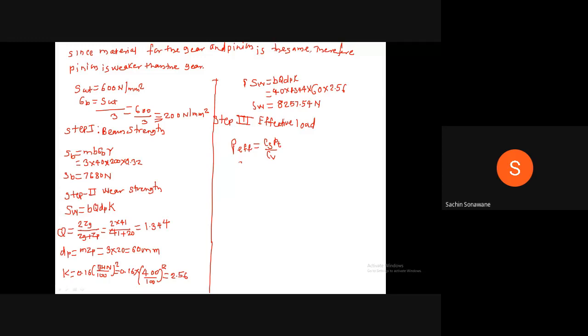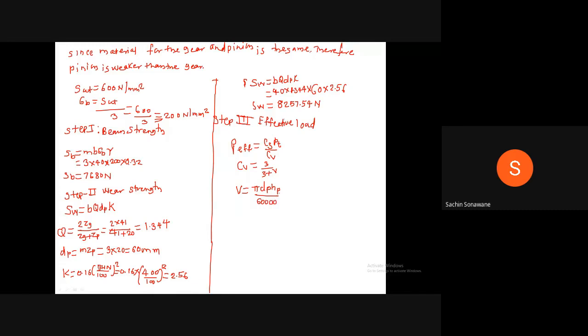What is the formula of CV? Velocity factor CV is equal to 3 divided by 3 plus V. Now how to calculate V? V means pitch line velocity. Since they have given the speed of pinion and we know the pitch circle diameter of pinion, V is equal to pi dp np divided by 60,000. Why have we taken 60,000?